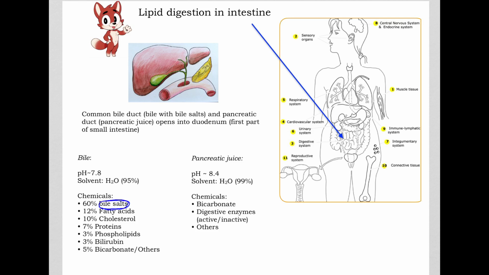These are detergents or surfactants, and we'll see these play a very important role in digestion in the small intestine. While pancreatic juice is rich in bicarbonate, that gives it a more alkaline pH, as well as several digestive enzymes, very powerful digestive enzymes.